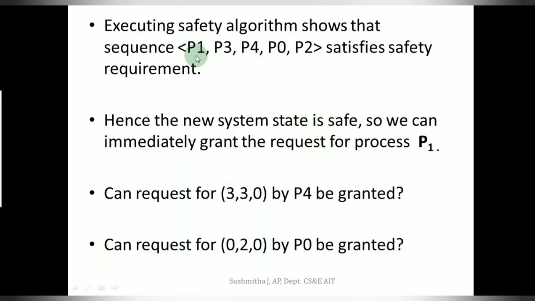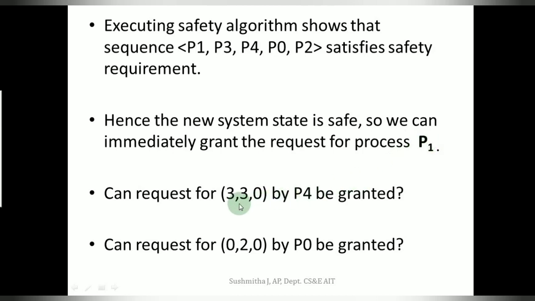So our safe sequence is P1, P3, P4, then P0 and finally P2. If the system follows this sequence, it will leave the system in a safe state. So hence it is leaving the system in a safe state. We can be granting the request of process P1.